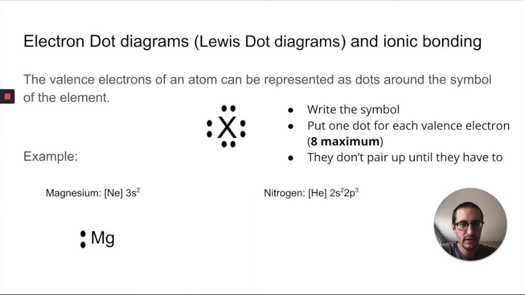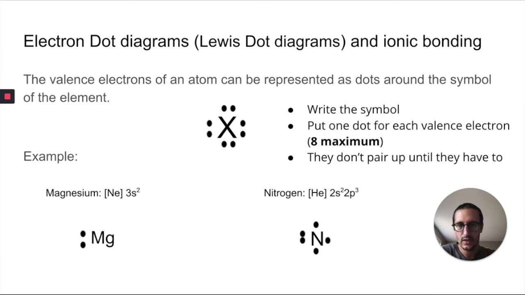Nitrogen has 2 electrons in an s sublevel and 3 electrons in a p sublevel. So in its electron dot diagram, I would put 2 dots for the 2 electrons in the s sublevel, and then 1 dot on each side, because each electron in a p would be spread out, 1 in each p orbital.